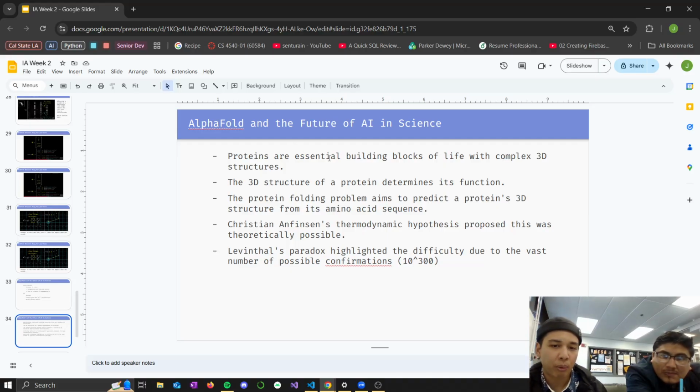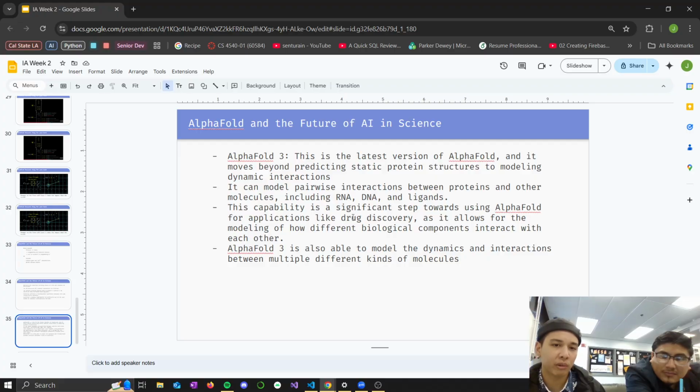The protein folding problem aims to predict a protein's 3D structure. So they made a competition out of this, and people started using machine learning, which created AlphaFold 1, and then they improved it to AlphaFold 2, and now we have AlphaFold 3, which is the latest version. And it's basically the interaction between proteins and molecules.